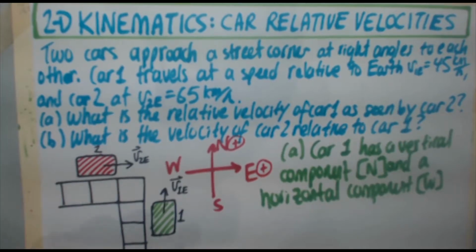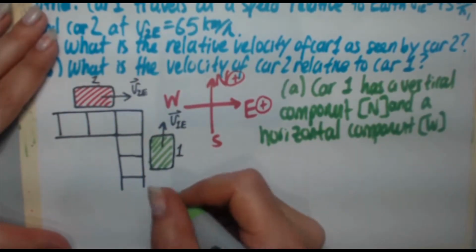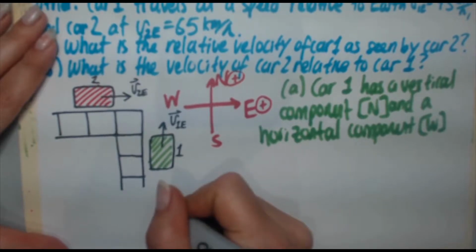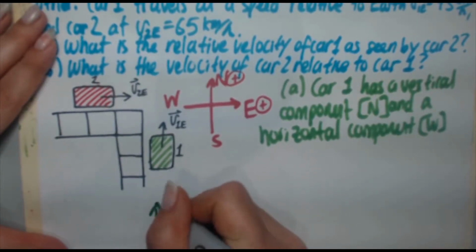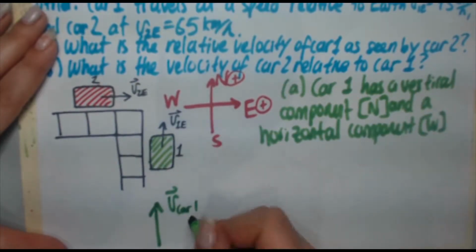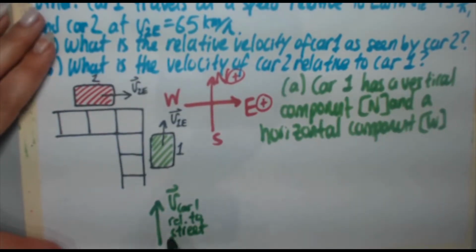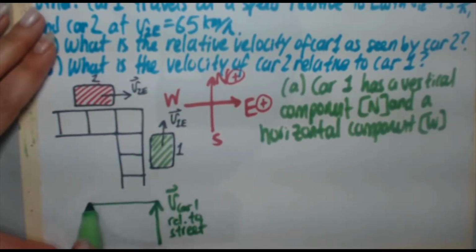Okay, so based on this, from car 2's point of view, there should be two vectors representing car 1's motion. The vertical component is going to look like this. Let's do that down here. That's going to be the velocity of car 1 relative to the street. And remember, that's the northward component. We've got a westward component that's compensating for car 2's motion, which we now assume to be horizontal.